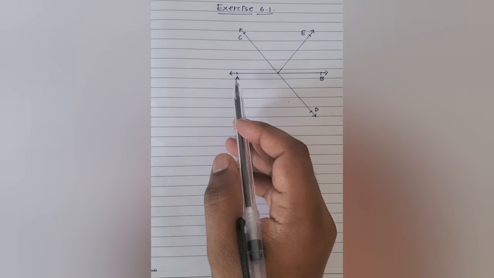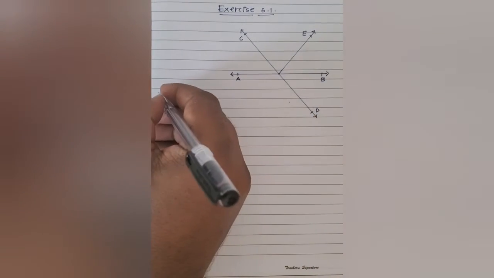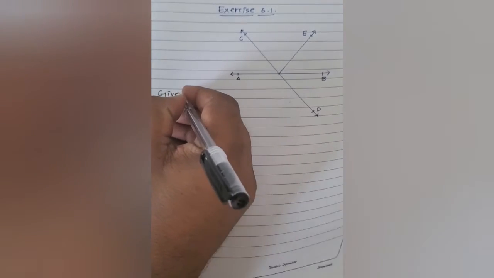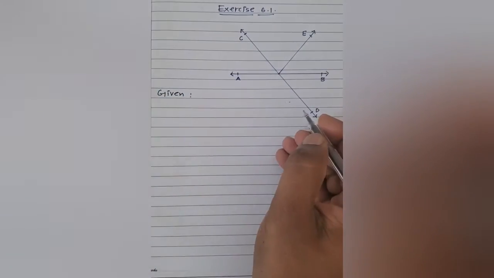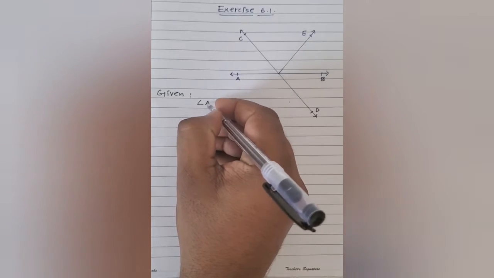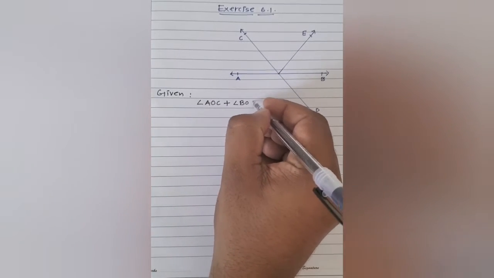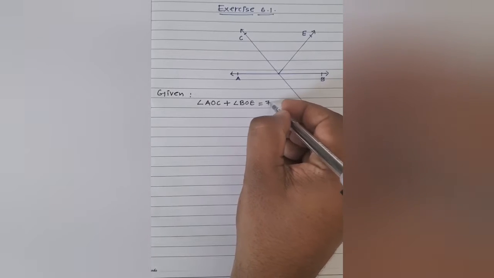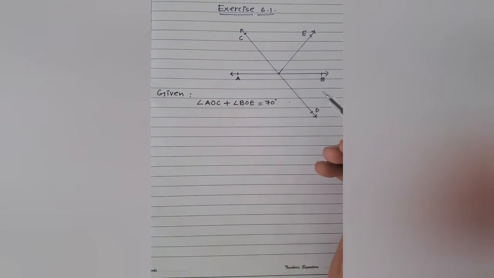Dear students, as mentioned in the question, we have a few given data. The given data is that angle AOC plus angle BOE is equal to 70 degrees. Now let us look into the figure and find what they have given.